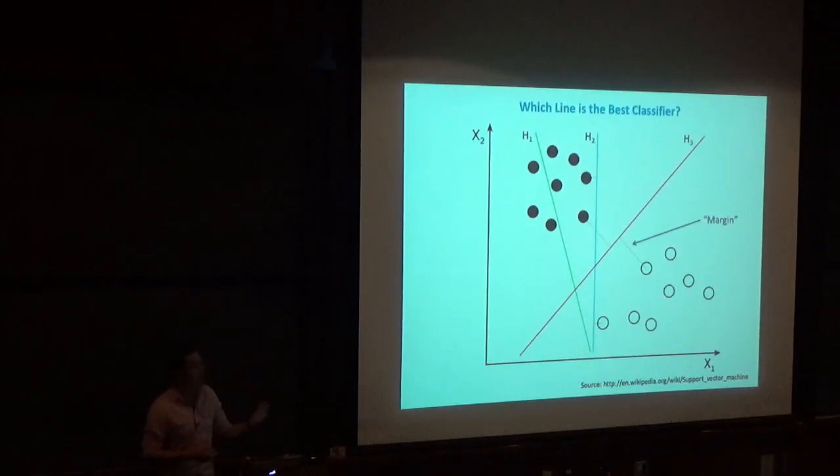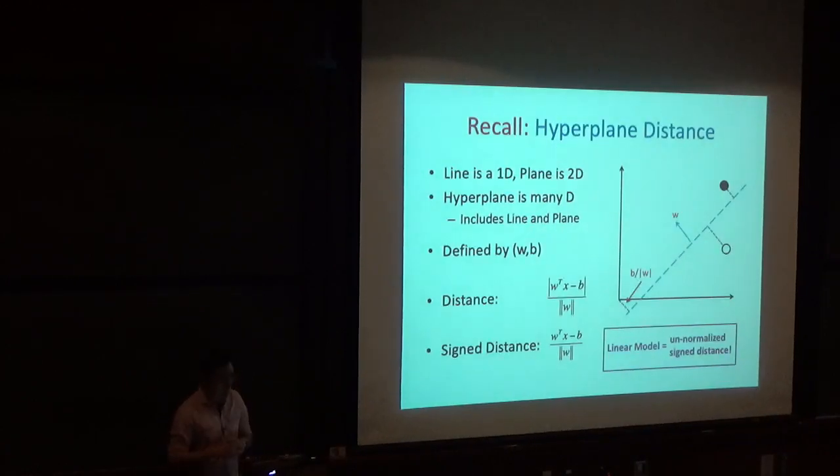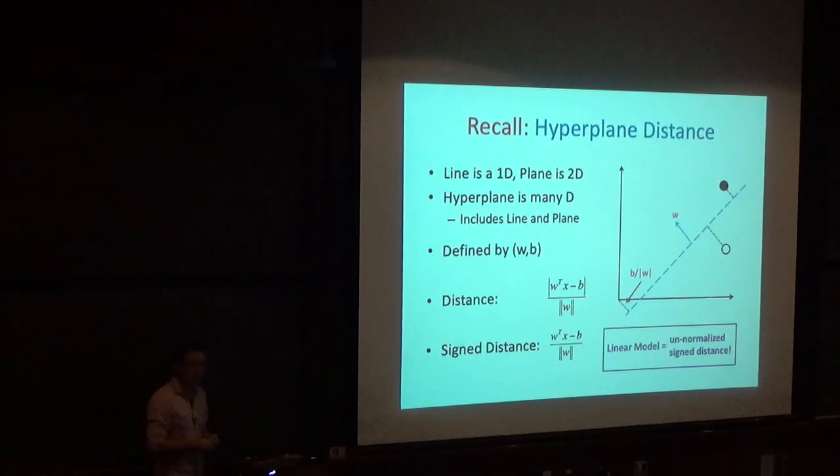And so the way you formalize this concept is what's called a margin. So let's recall the definition of a hyperplane distance. This is something you learned in your standard geometry class early in college or late in high school. So a line is a 1D hyperplane.